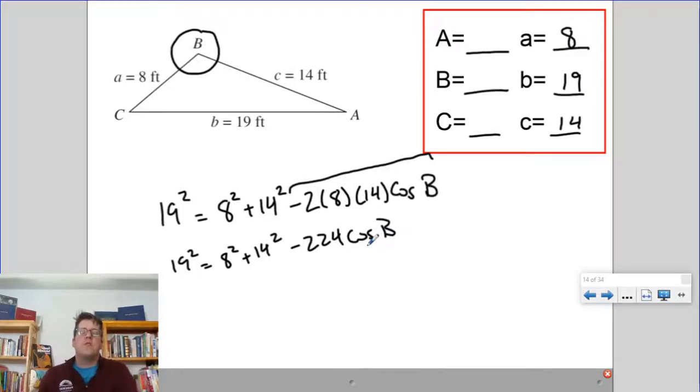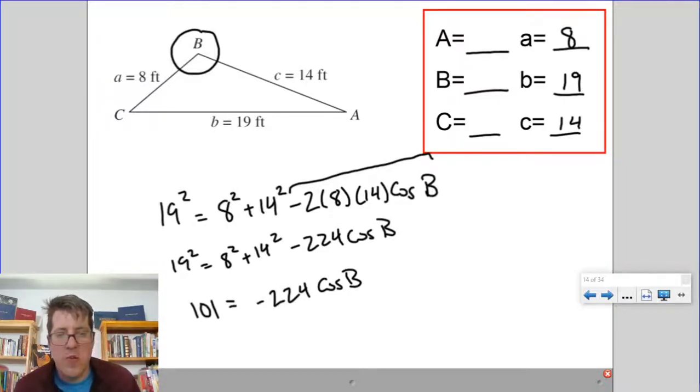You can't just add 224 to break these up. You need to subtract 8 squared, and you need to subtract 14 squared. Then you need to divide by negative 224. And I'll show you what that looks like.